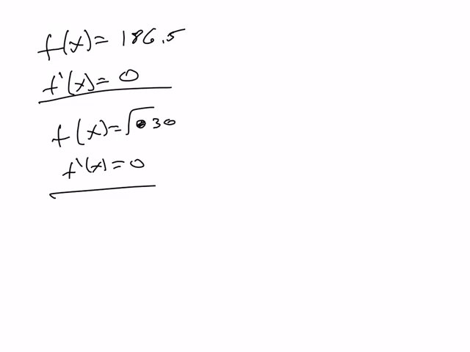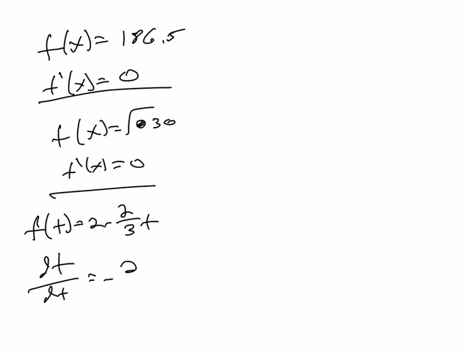Okay, third problem, f of t is equal to 2 minus 2 over 3 times t. I'm going to change the notation a little, so again we get all the notations. So df over dt, again notation for the derivative, it's Leibniz's notation, it's negative 2 over 3.